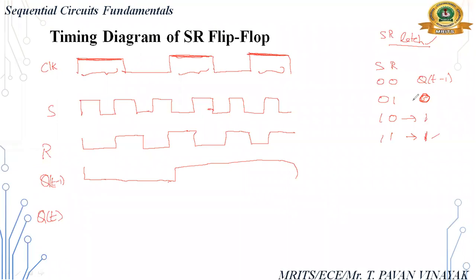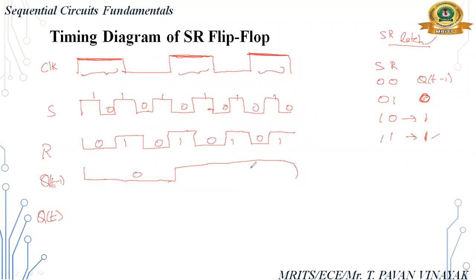So I am drawing now. See, observe. This is 0, this is 1, this is 0, this is 1. Then 1 0, 1 0, 1 0, 1 0 1 0. Next, this is 0 1 0 1 0 1 0 1.